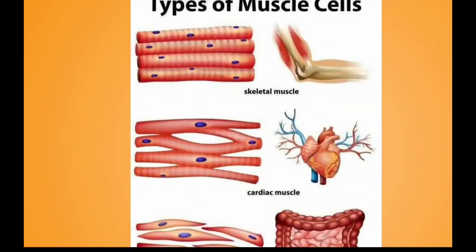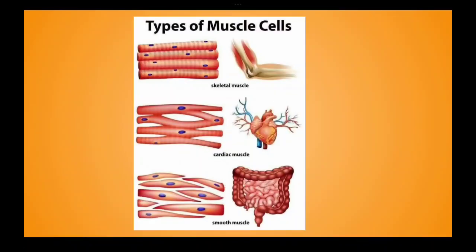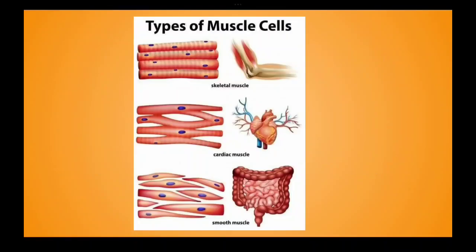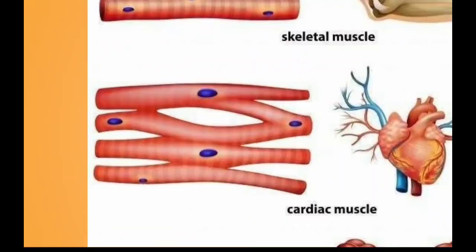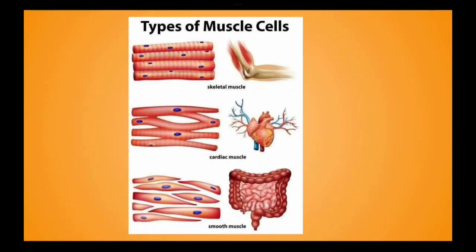You can see the two muscles that are being attached, branched, striated as I told, with a single central nucleus, and they contain intercalated discs. The gap junctions or the desmosomes that you will be seeing here. So these are the intercalated discs. The two muscles that are being attached together have intercalated discs.